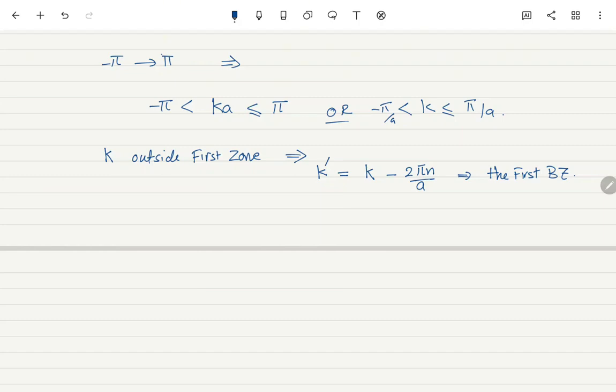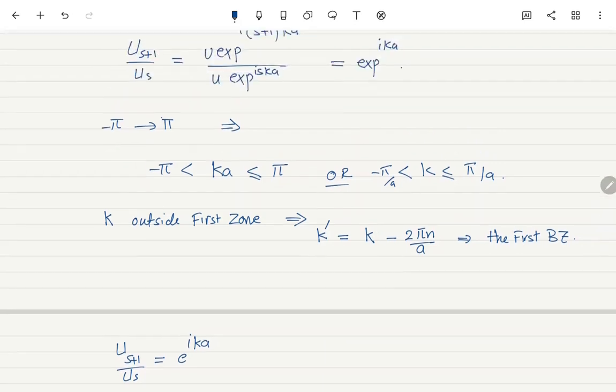And for that reason, the ratio between successive planes will be equal to e to I ka. That's what we just found in this one here.